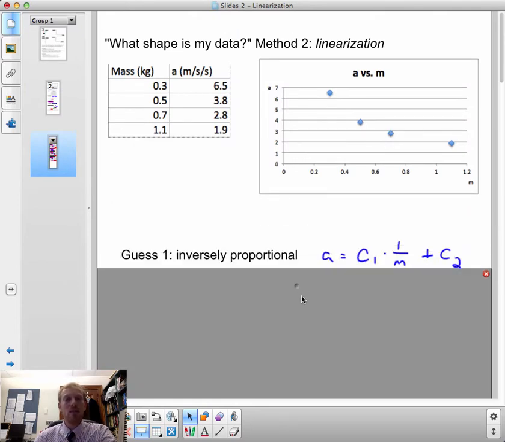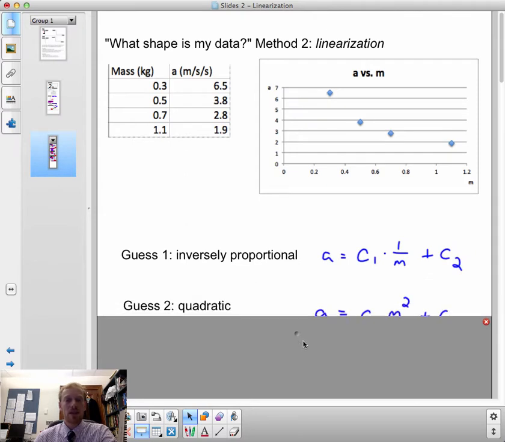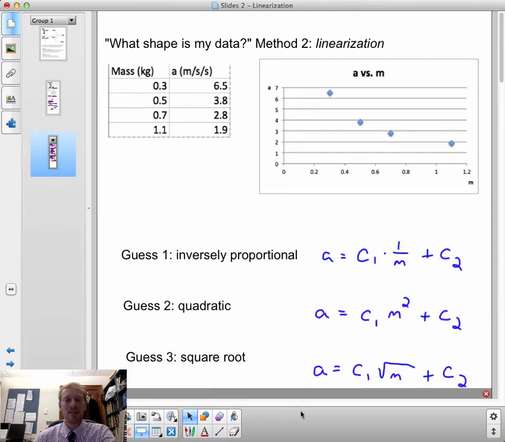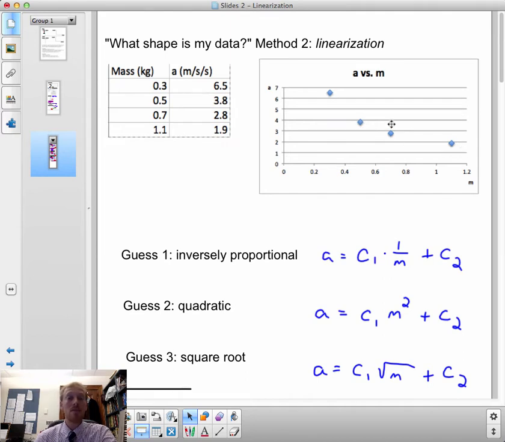So let's say these are our three guesses again. Maybe the real relationship between our cart's acceleration and its mass is an inversely proportional relationship, that the acceleration is some constant times the inverse of mass plus some other constant.